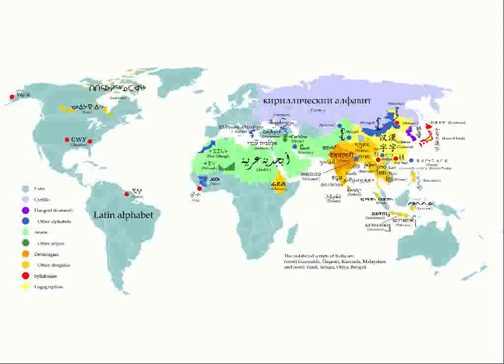The blue ones are alphabets, so Cyrillic here, Greek, and some different blue colors. Yellow, logographic. Orange here, that's abugidas all over the place. And this is Arabic and other abjads.